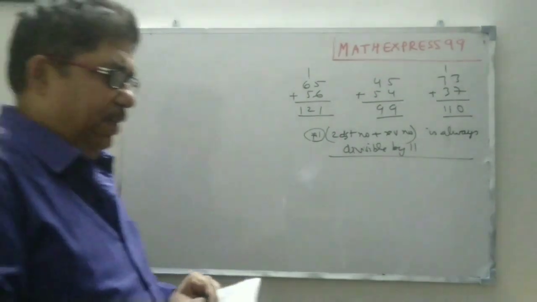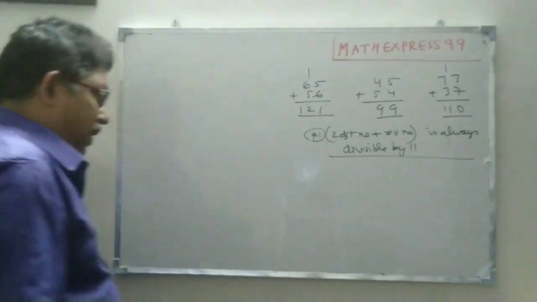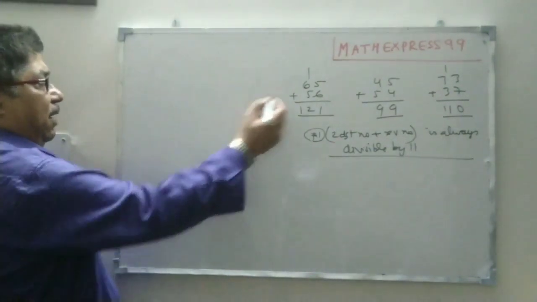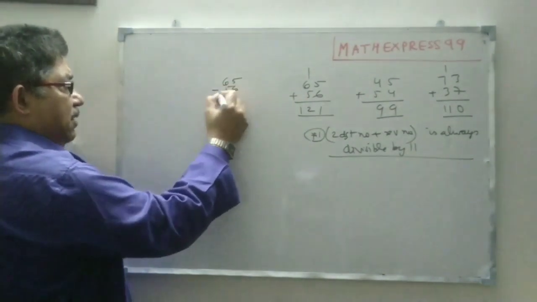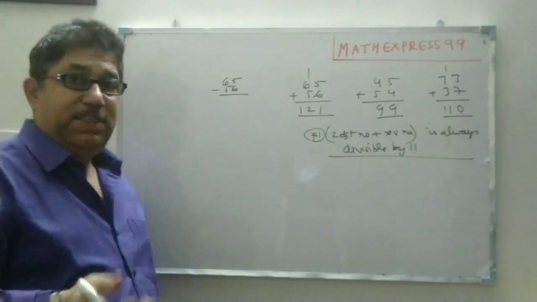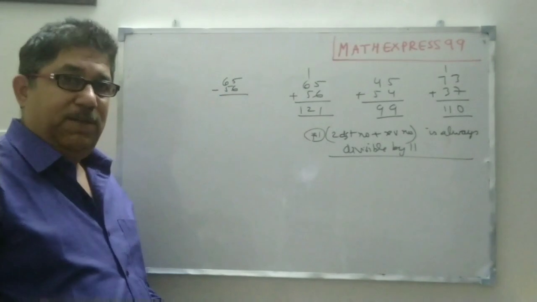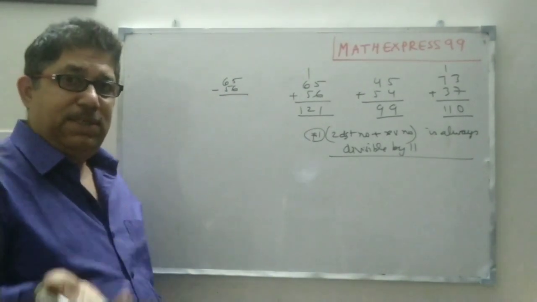Now, is there any other such thing about two-digit numbers? Let us see. If we can add, we can also subtract. So let me take these itself. 65 minus 56. Now remember, while subtracting, sometimes the reverse number may be greater. So if the reverse number is greater, then difference means greater number minus smaller number.